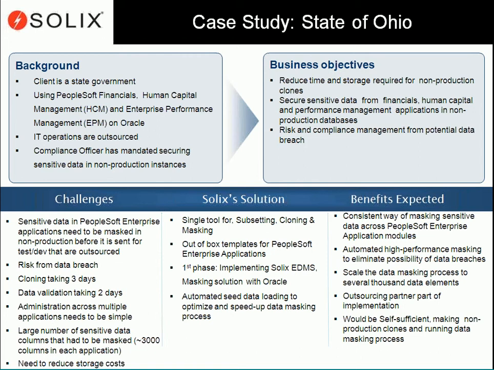That means you need to take far more action to ensure that the data you provide to the outsourced party does not have any sensitive or confidential information. And of course, there are all these mandates that they have to go through. That was the biggest thing: how to reduce the risk and be compliant with the Data Privacy Act and so forth.